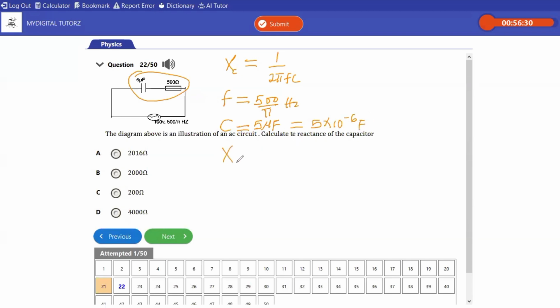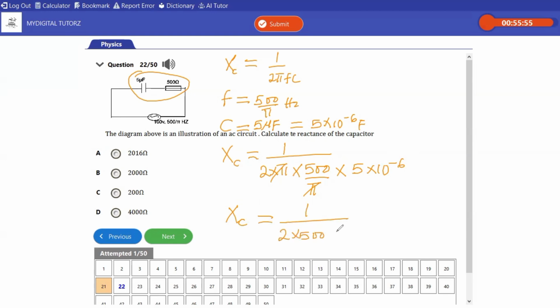So now our XC will be equal to 1 all over 2 multiplied by pi. The reason I'm not going to use 3.142 as the value for pi is because the frequency is in terms of pi. So just multiply by the frequency, which is 500 all over pi, then multiply by the capacitance, which is 5 times 10 raised to power minus 6. So we cancel pi. I have XC equal to 1 all over 2 multiplied by 500 multiplied by 5 times 10 to the minus 6.